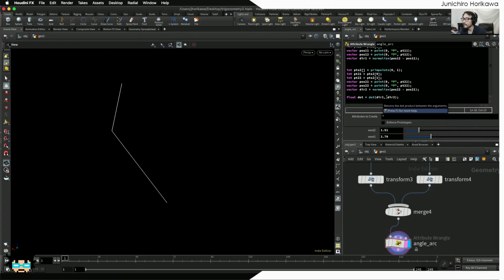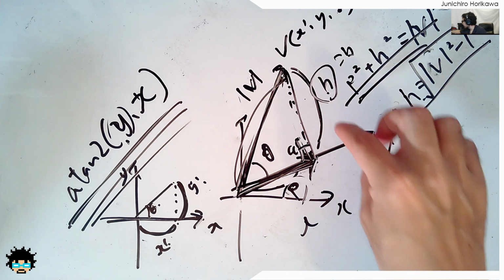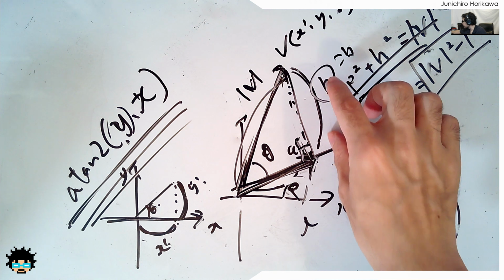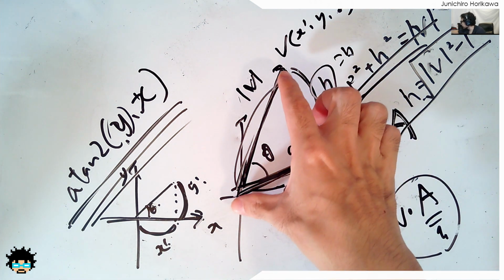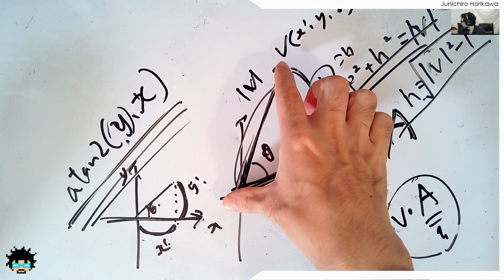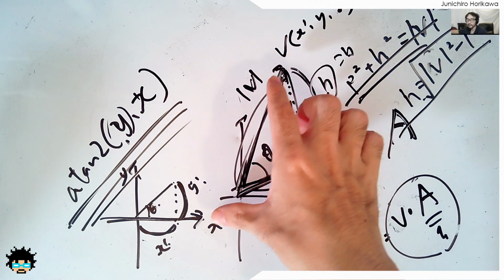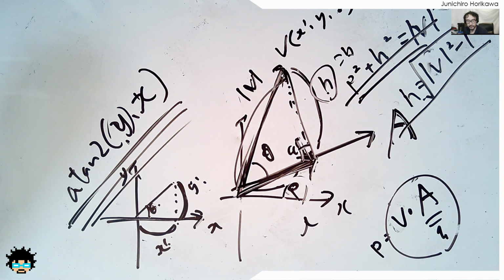And let's say I want to use direction 1 as an axis, right? Now, the next thing I would like to do is to calculate the length for the h here. And to do that, we need to know the length of the other vector, direction 2 in this case.